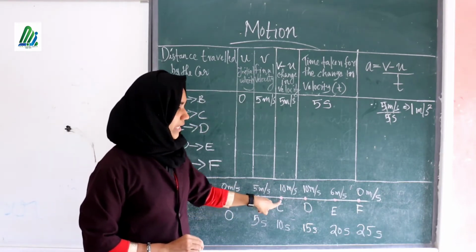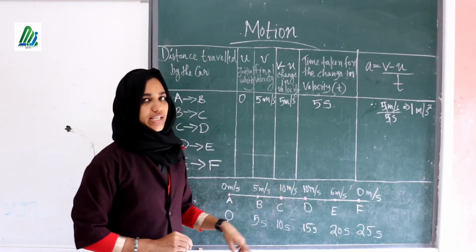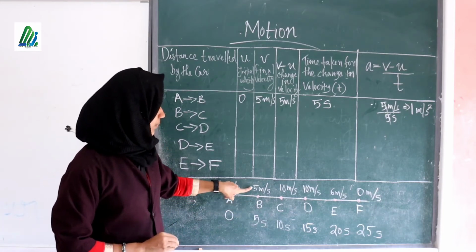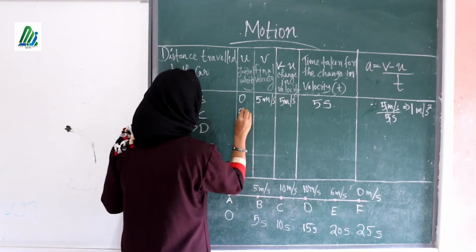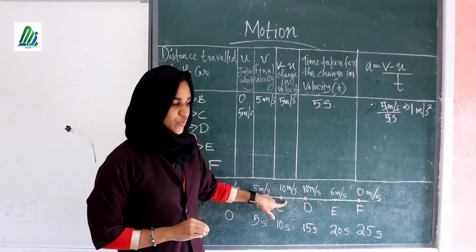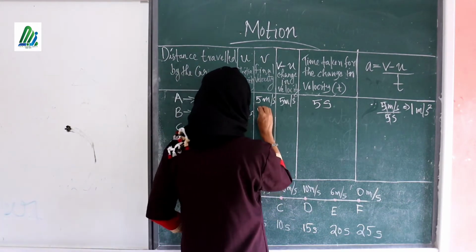The next one is from B to C. Here B is the initial velocity and C is the final velocity. So the initial velocity is 5 meter per second. Then the final velocity is 10 meter per second.